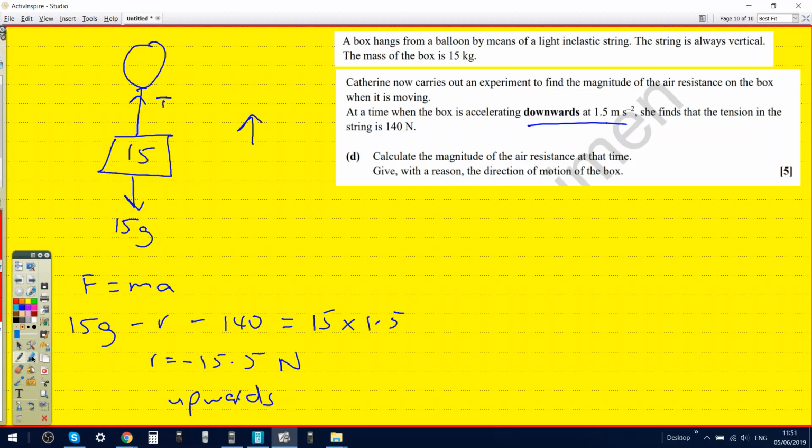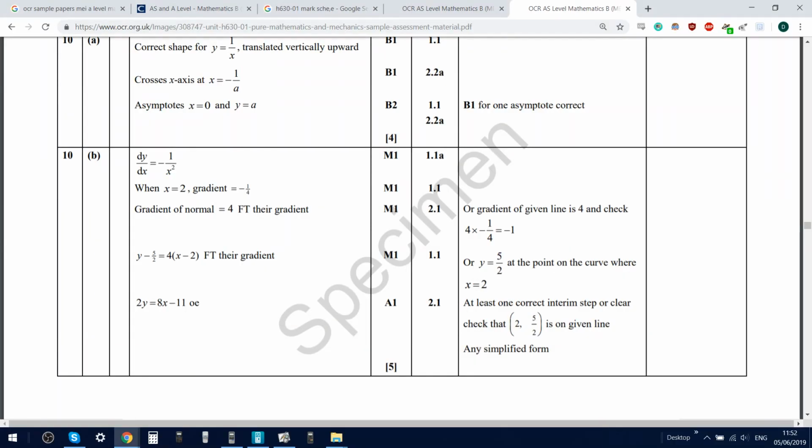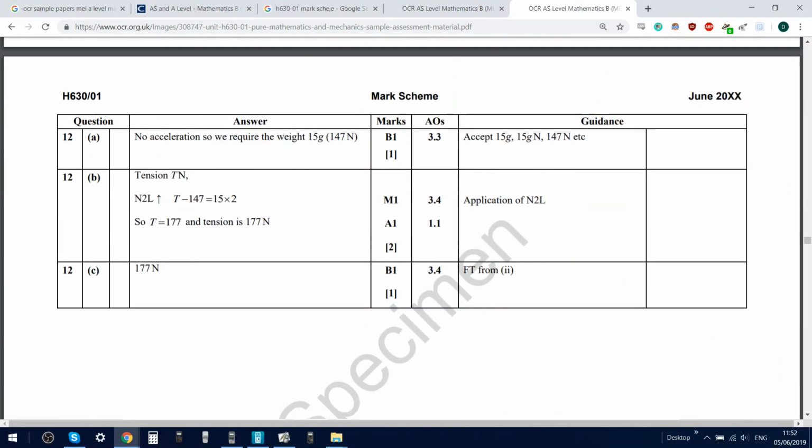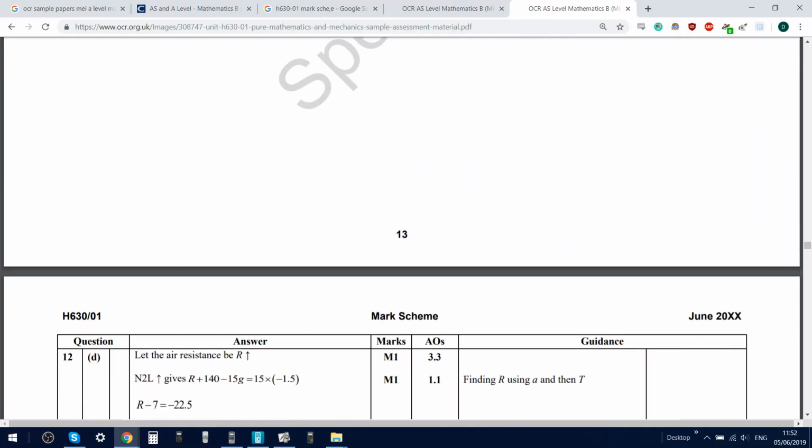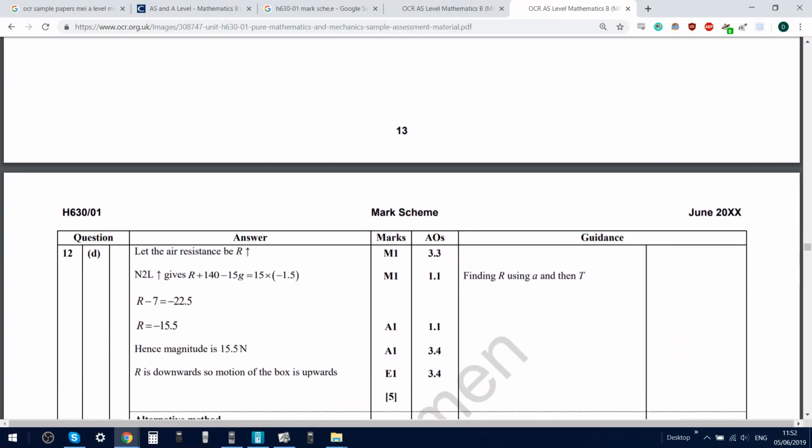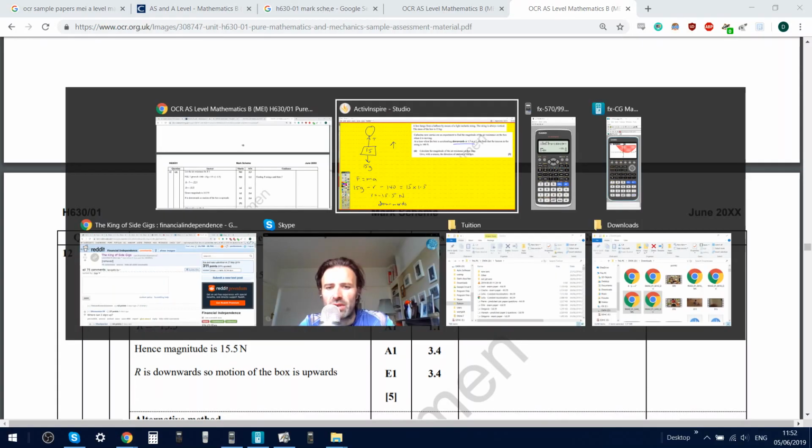If we had gotten 15, then that would show it's going up. But we got negative, so it's like 15G plus 15.5, so it's going the same direction. So R is downwards, so the motion of the box is upwards.